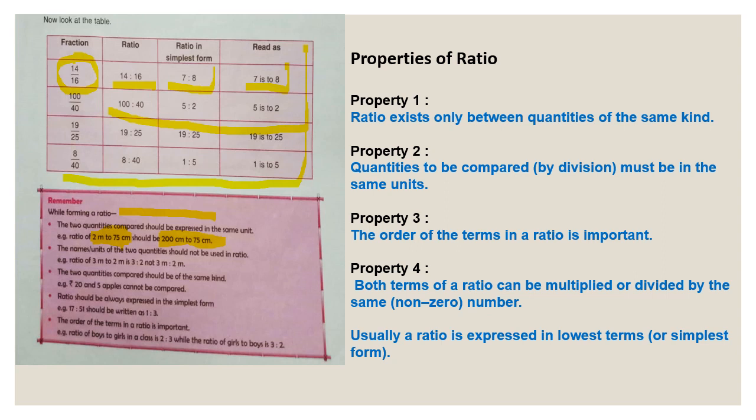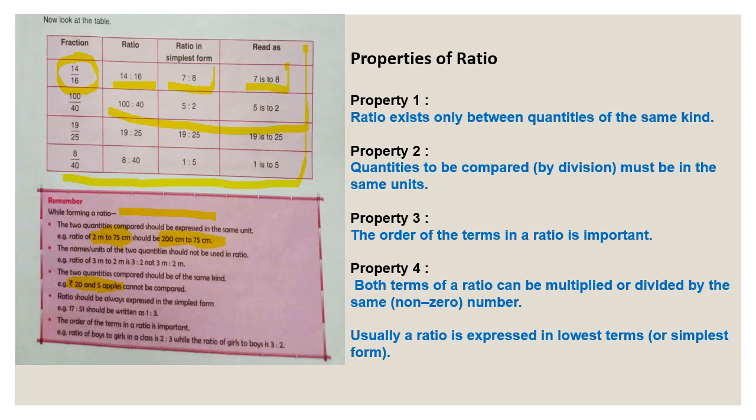The two quantities compared should be of the same kind. It means you cannot find the ratio of apple to milk, or milk to stone, like rupees 20 and 5 apples. Here the kind of the given things is different, so you cannot find the ratio among them.